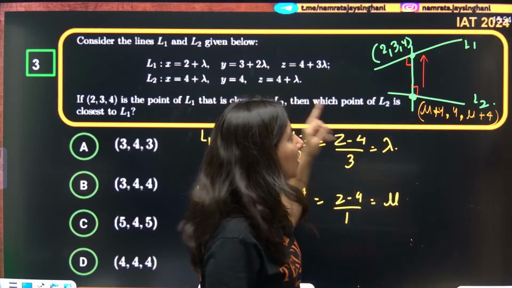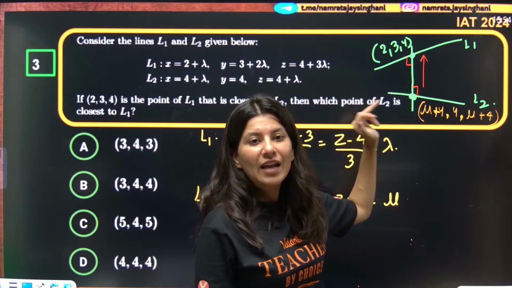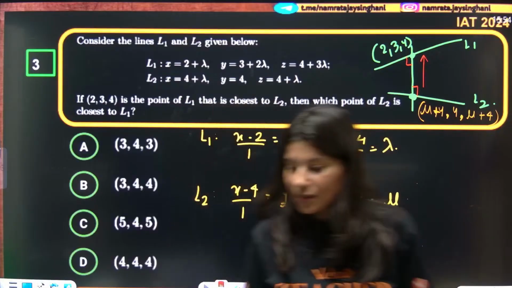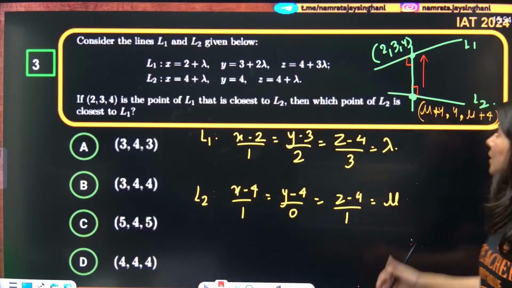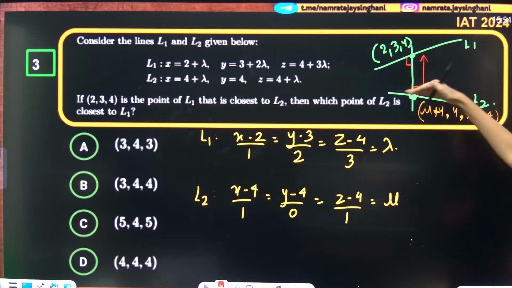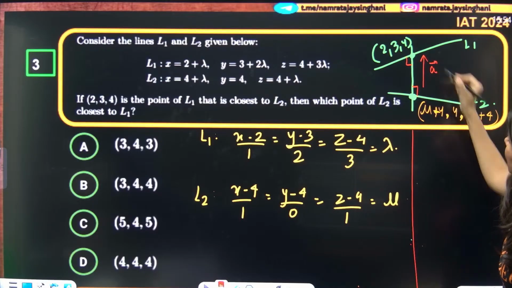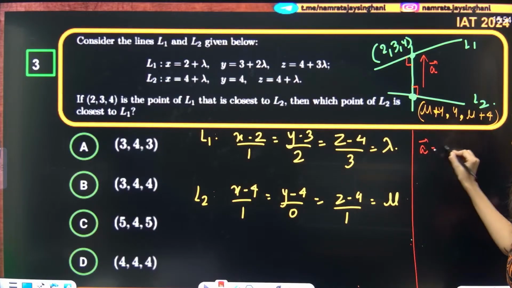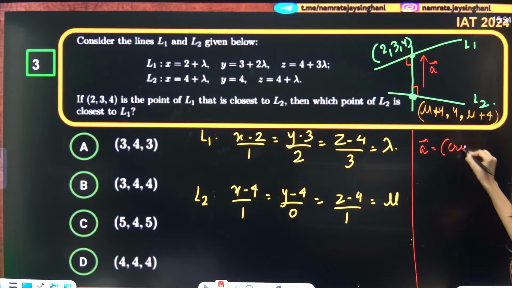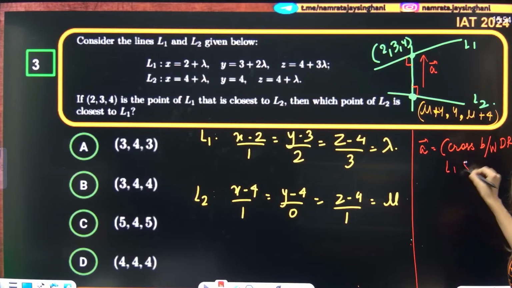The cross product between the direction ratios of L1 and L2 is going to give you that. So let me mark this as vector A. So vector A is nothing but the cross product between the direction ratios of L1 and L2.